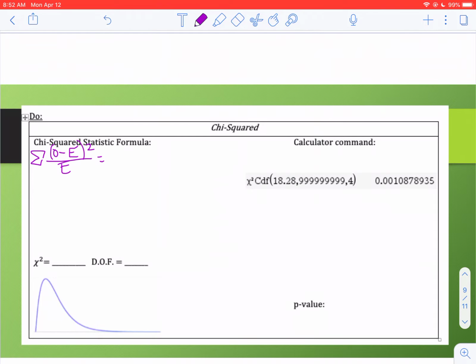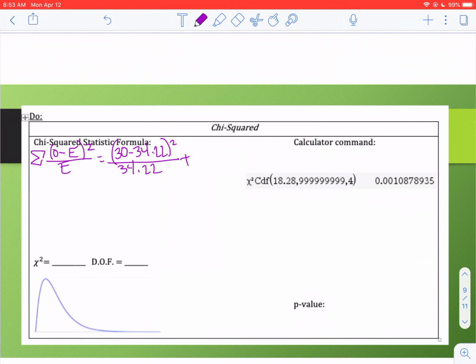So if we go back to the table, for the first row, first column, my observed is 30. My expected is 34.22. I square that and divide by the expected.